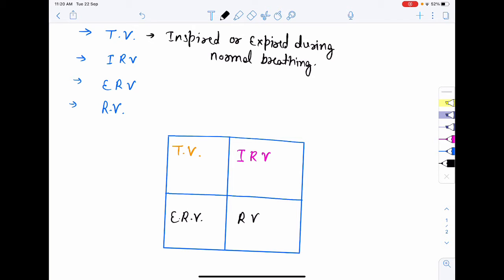So if you are inspiring or expiring at a normal rate, the amount of air which you inspire or expire will be your tidal volume, and the value is approximately 500 ml. Okay, so this is the first part, tidal volume. It's the amount of air which can be inspired or expired normally. Okay, so this is your first part.